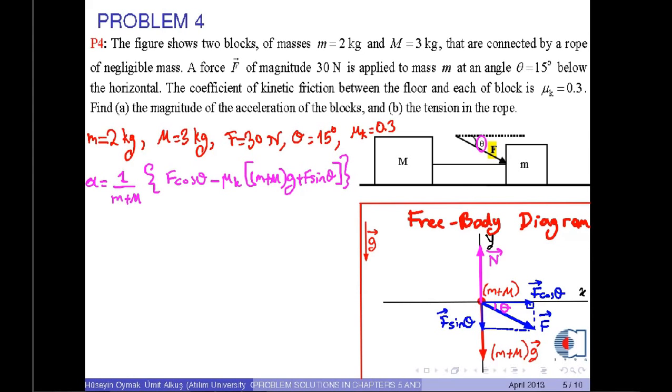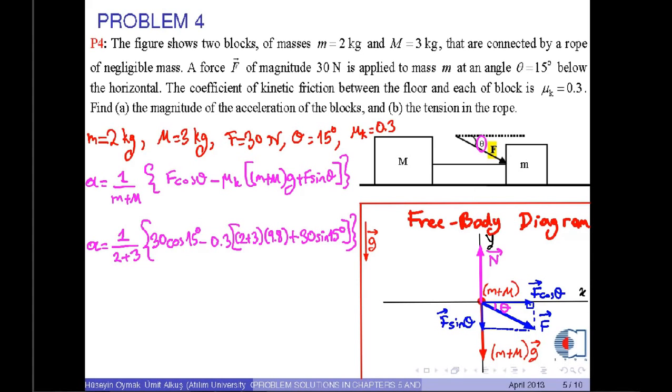Now, we put the corresponding numerical values for these quantities into this equation to get a equals 1 over 2 kilograms plus 3 kilograms times 30 newtons times cosine of angle 15 degrees minus 0.3 times 2 kilograms plus 3 kilograms times 9.80 meter per second squared plus 30 newtons times sine of angle 15 degrees.